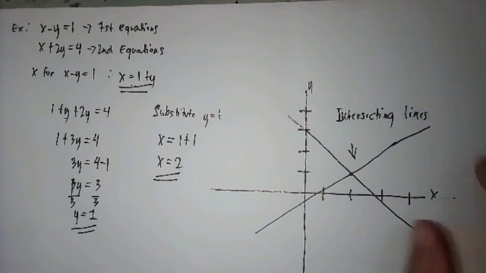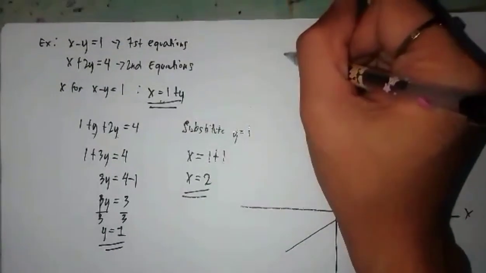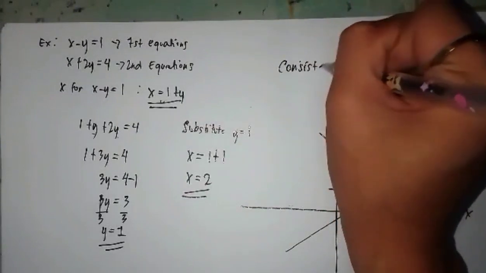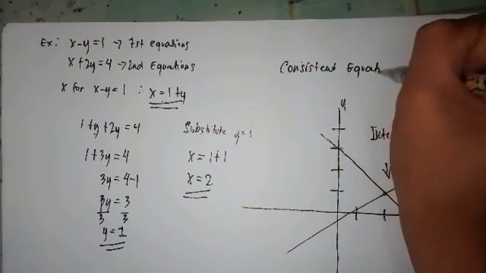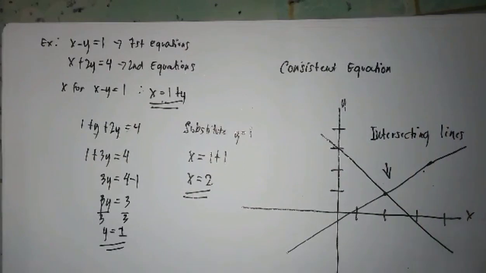Once they are intersecting lines, it is a consistent equation.